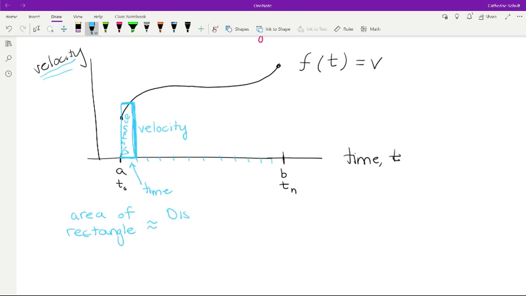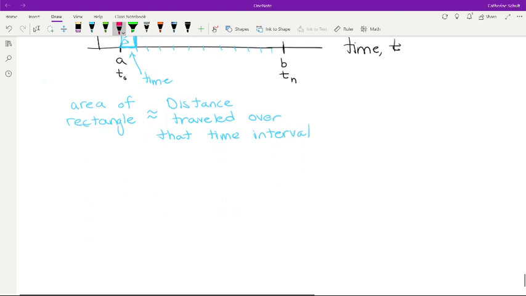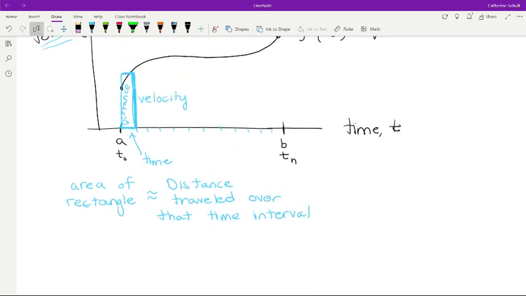So it's approximately the distance traveled over that time interval. Okay, so the area under the velocity curve seems like it represents the distance traveled because of how our rectangles are set up.